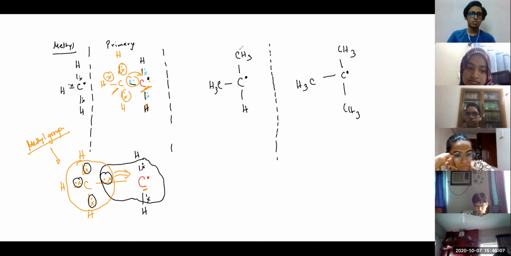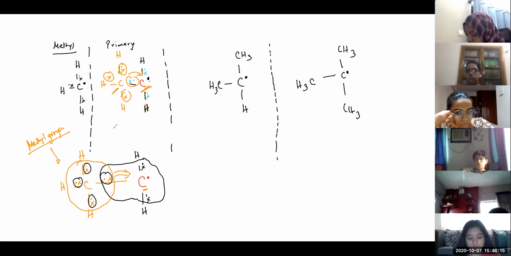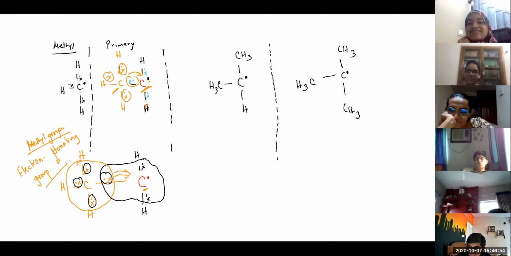Why? Because this carbon is hungry for electrons. So what do we call the methyl group, do you remember? What do we call this methyl group? Electron donating group.